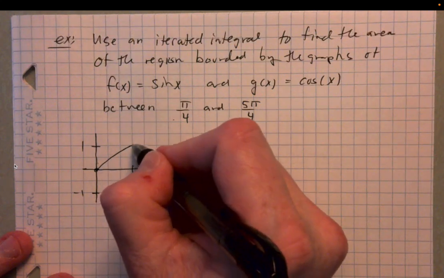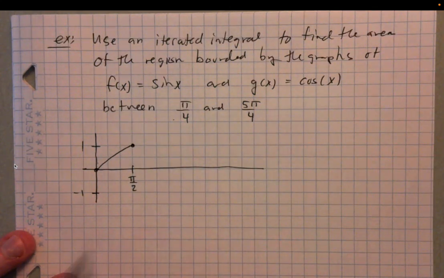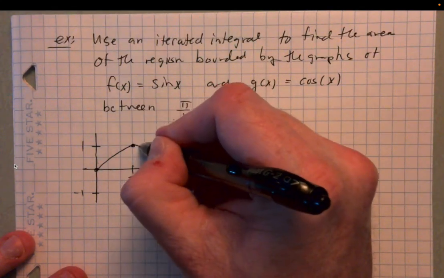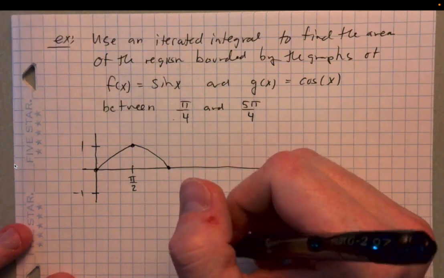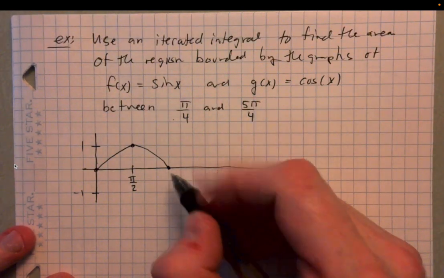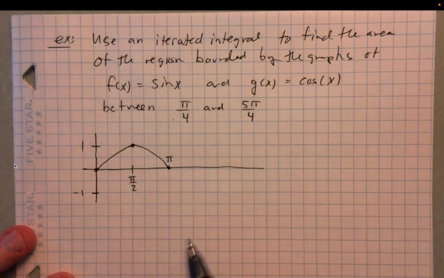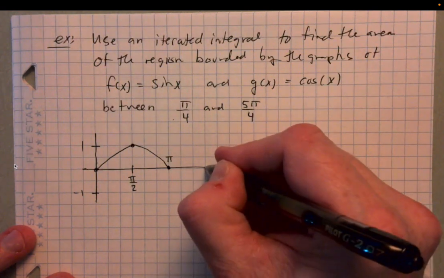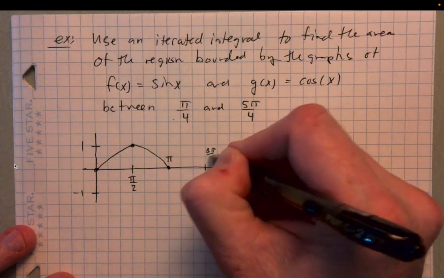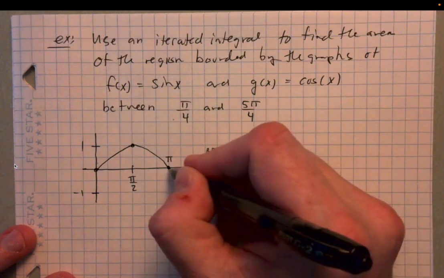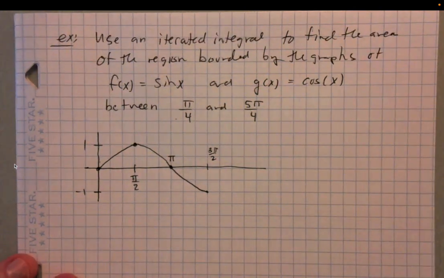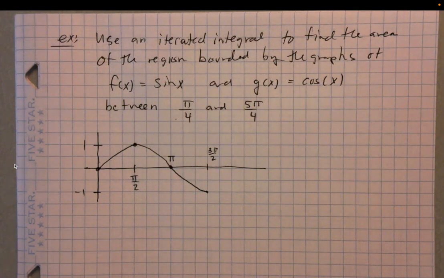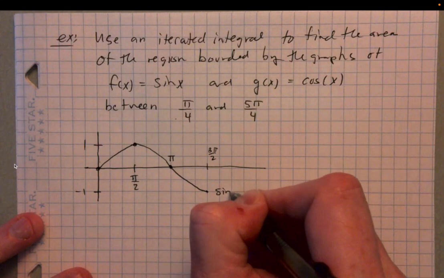Sine finds a max at pi over 2, and then it starts to drop, and it cuts through pi here. Then this will be pi, and it's going to reach a minimum at 3 pi over 2, which we'll put over here. So it's going to be down here by the time it gets to there. And 5 pi over 4 is captured already, so we're good. And so this is the sine of x.